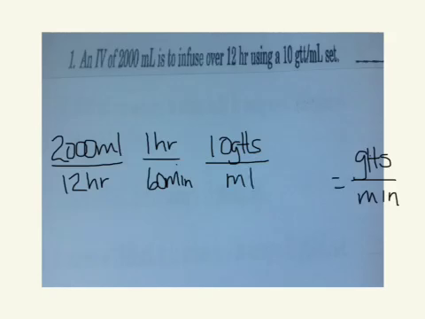So you put the 10 drops per milliliter. Okay, so now it's just crossing out and a little bit of math. So the first thing you're going to do is cross out your milliliters, okay, cross out your hour, and then you're left with drops per minute. Okay, now when I was in school we learned to get rid of the extra zeros. If you don't do that, then go ahead and times everything out.